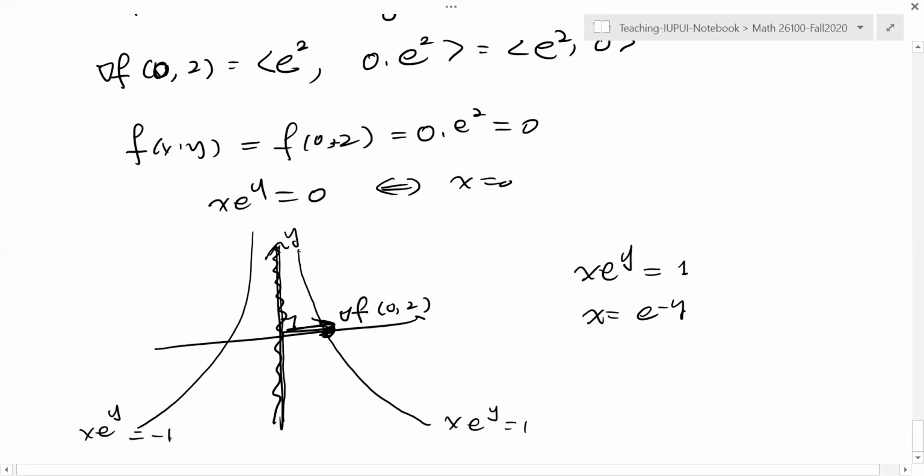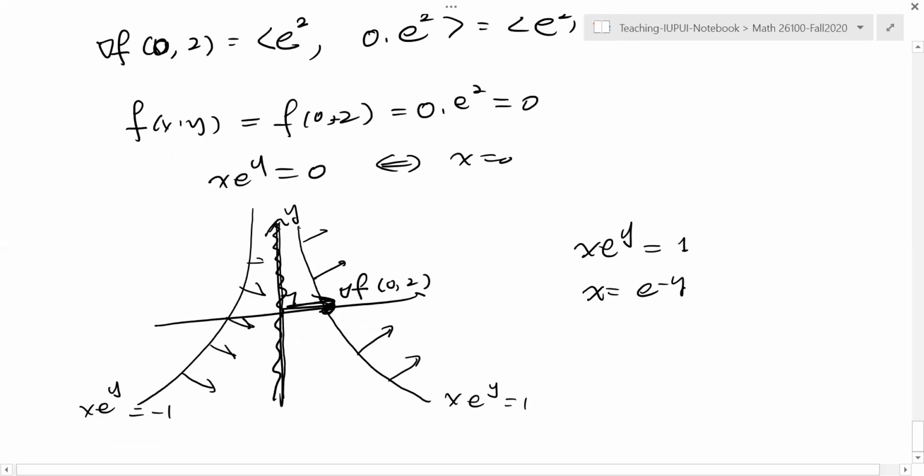So I'm pretty sure there's a family of curves, and in the middle there's a vertical line. Now the gradient at the other points must be in that direction, perpendicular to the level curve.